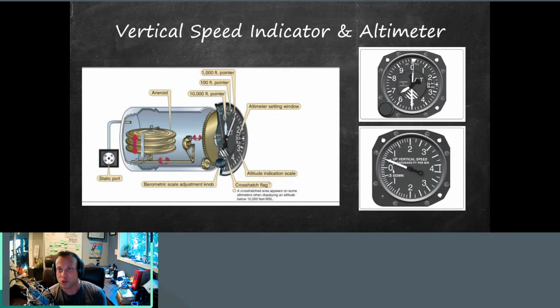Anytime that pressure changes, the static air comes into the chamber and pushes in or expands or contracts based on the air pressure in the bigger chamber. It'll indicate that you are either climbing or descending. Again, based on the difference in pressure. Once the pressure equalizes through that calibrated leak in the case, it'll go back to 0.